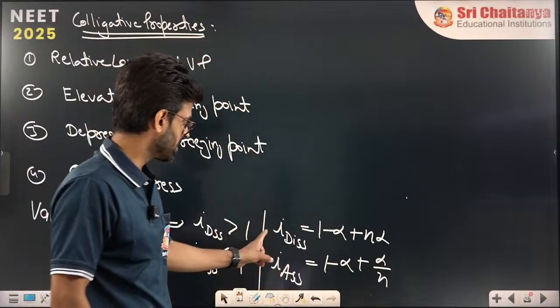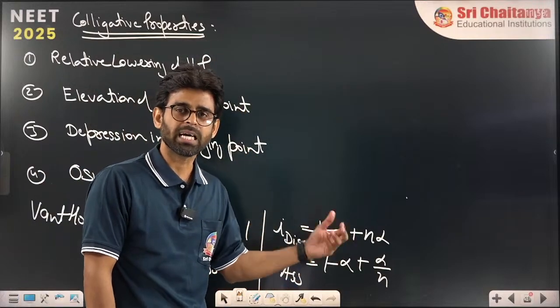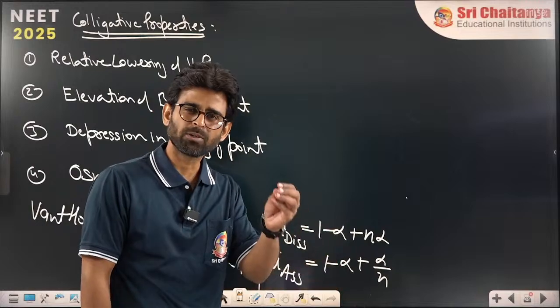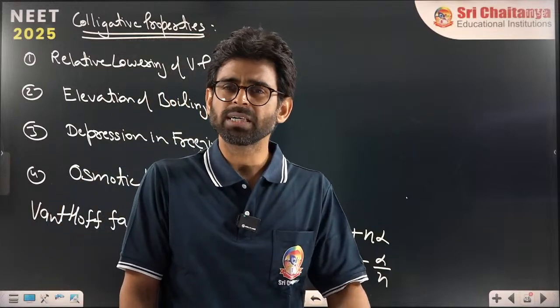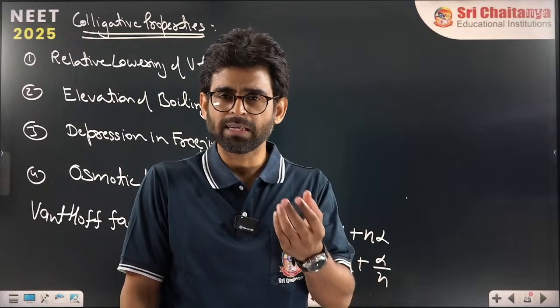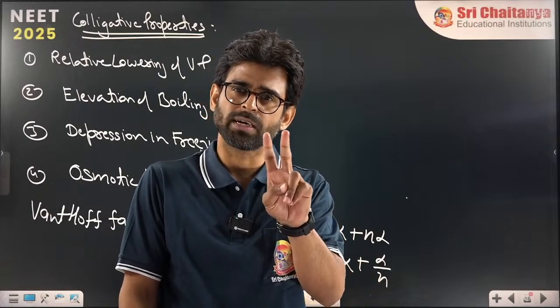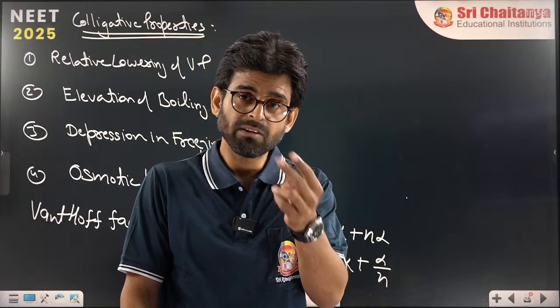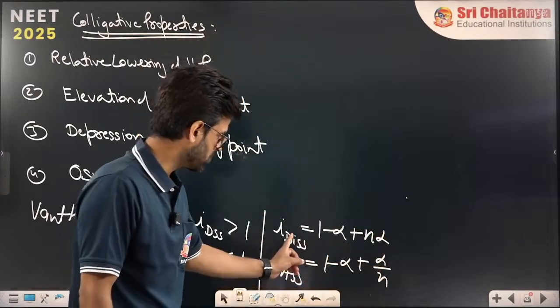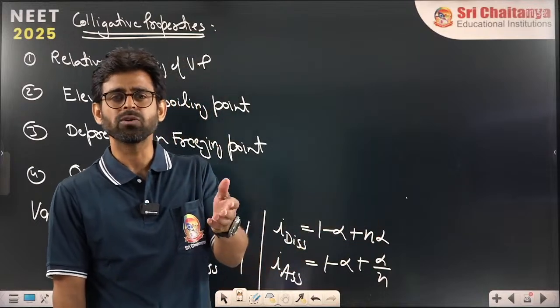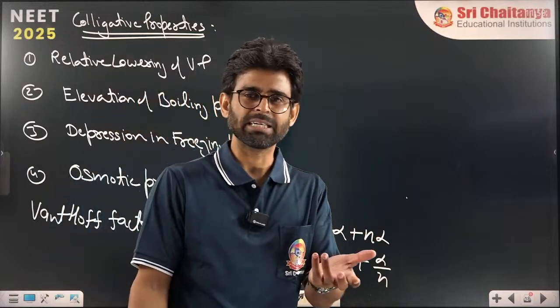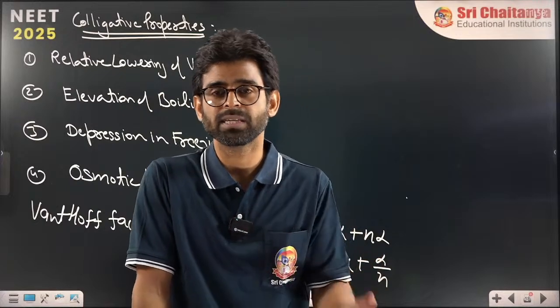If alpha is not given, but you know that it will ionize in solution, like NaCl in water, you can take alpha as 1. NaCl gives 2 ions, so the Van 't Hoff factor is 2. If they give alpha, then you have to use alpha in the formula. If they don't give alpha, but you know it is ionic and will ionize definitely, you can take alpha as 1.